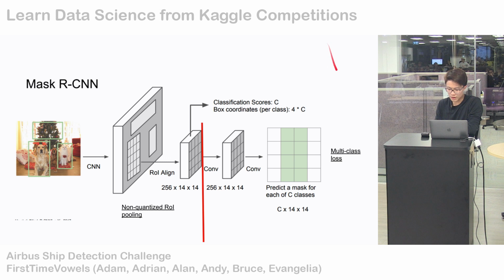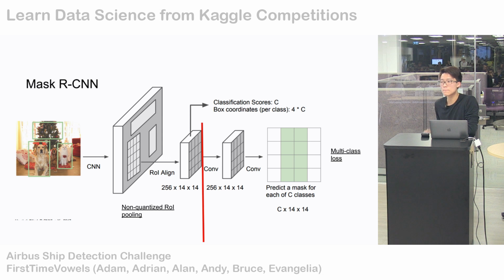How they train this network is to use a multi-class loss. So here they combine these 3 losses all together, and then they train the whole thing, instead of, in Fast R-CNN, where they train the SVM and then train the network.